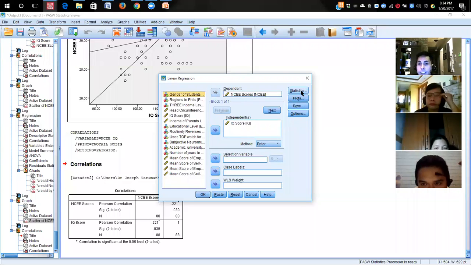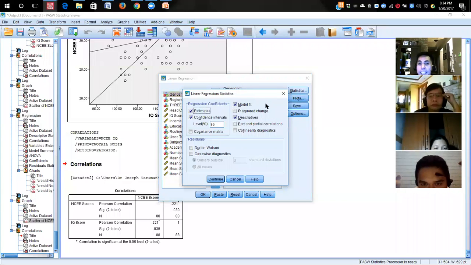And here are the statistics. SPSS will automatically give you the model fit and the estimates. But what I added here is the confidence interval, because I always love to see the confidence interval.